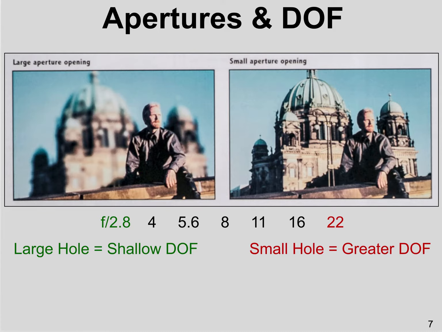In this case, you can see the architecture is blurry in the background behind the subject. Whereas in the one on the right, you can see that at f22, the small hole gives me greater depth of field. In this case, I can see the person in the foreground and the background both in focus.